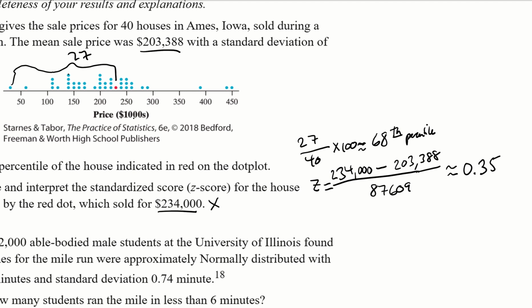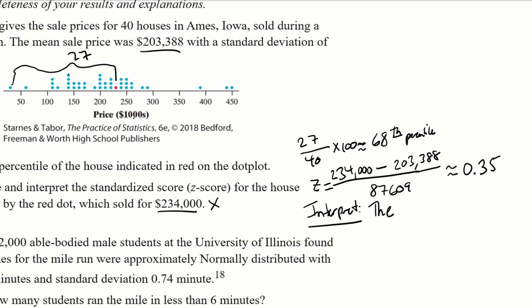All right, so what this means, if we want to interpret it, is that the sale price for the house is above average, right? It's 0.35 standard deviations above the average price.